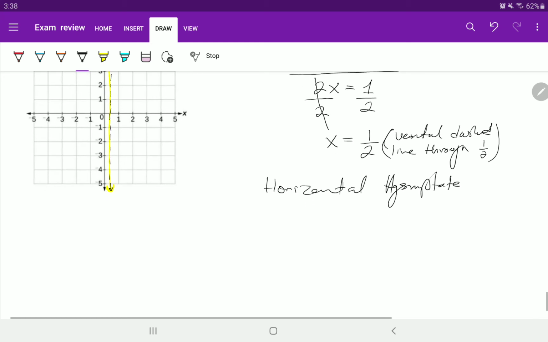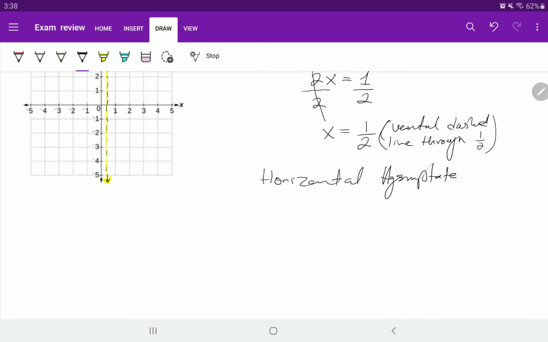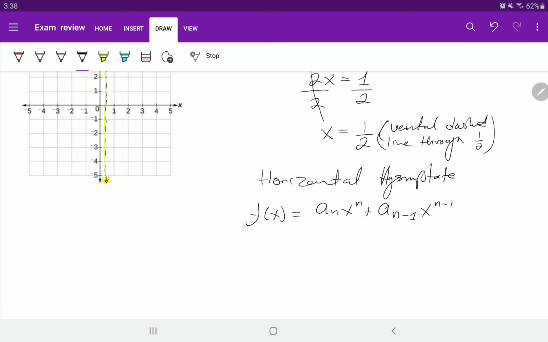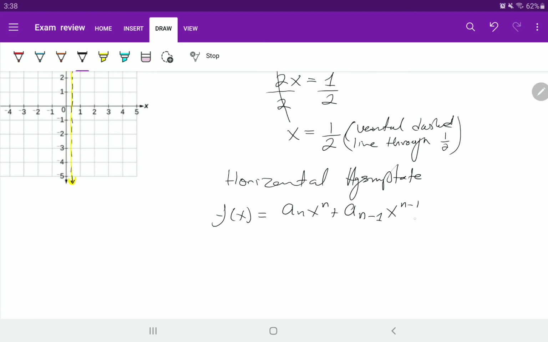Now, consider the definition of a rational function. f of x equals, and I apologize, you probably don't want to see this, but I'm doing it for mathematical reasons.